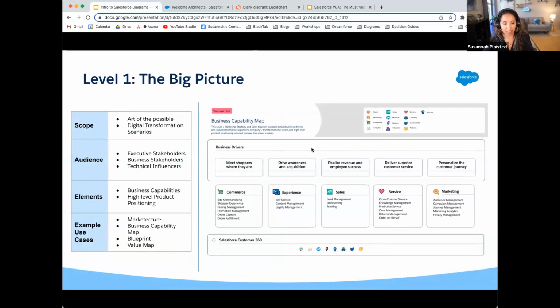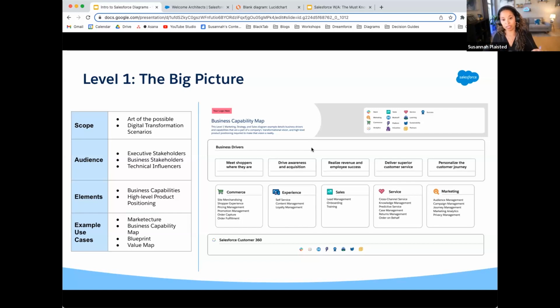And this is the examples of the type of audience you could assume you would be presenting this diagram to. So executive stakeholders, like up at the top, folks in like maybe the C-suite, your business stakeholders who actually need to use these applications, and then sometimes some technical influencers just to make sure that we're thinking about these things in the right way.